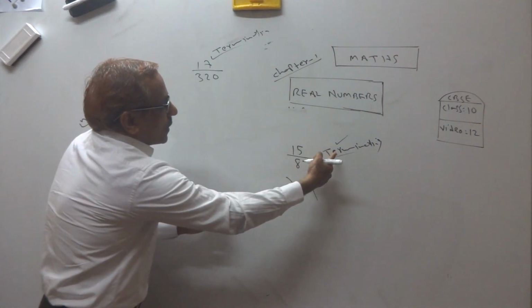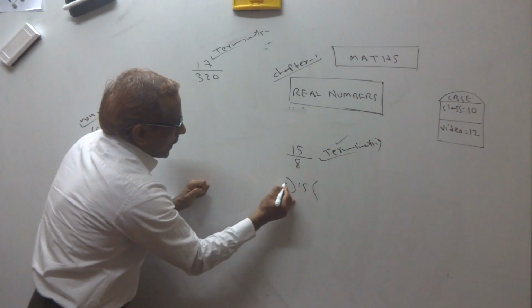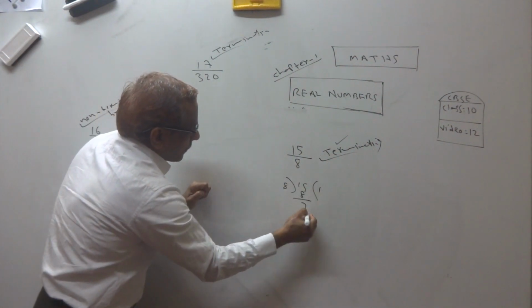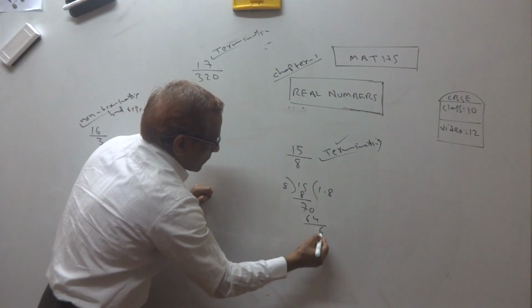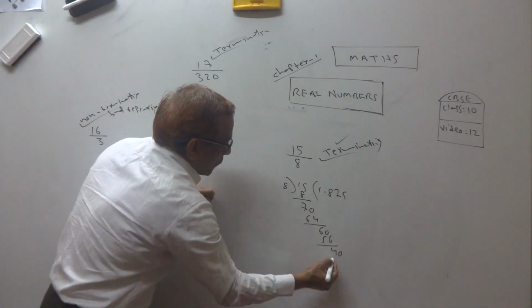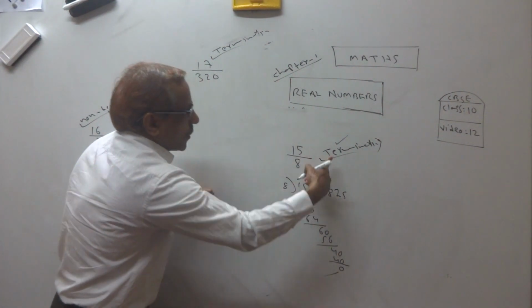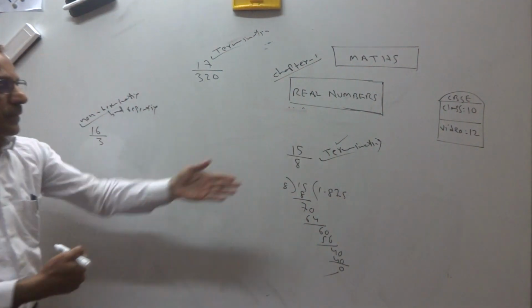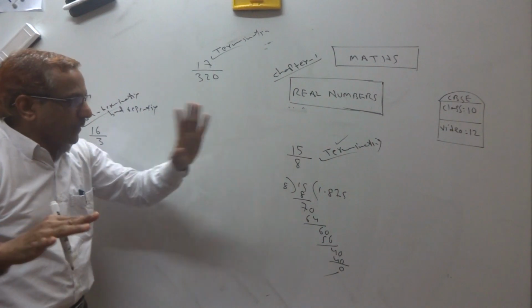Okay, 15 divided by 8. 8 ones are 8. 8 8s are 64. 8 7s are 56. 8 5s are 40. Finished. 40 minus 40 is 0. When you get 0, it is called terminating. Is it correct? I said this before only, without dividing.